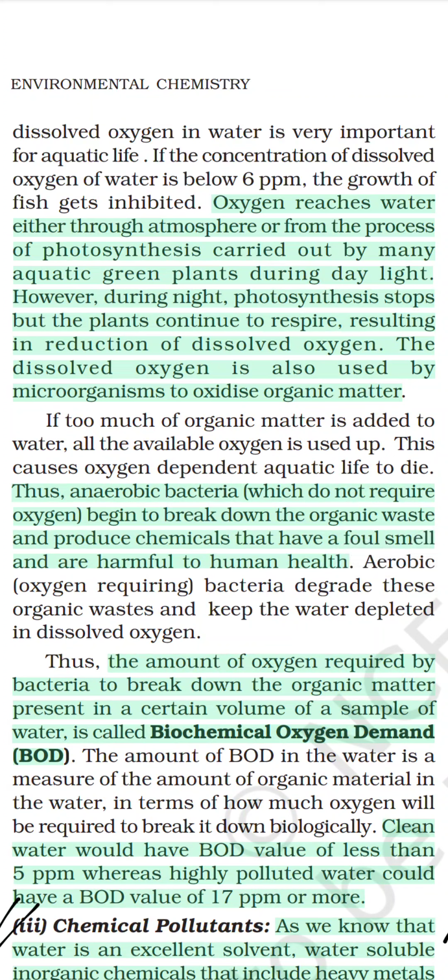Oxygen reaches water either through the atmosphere or from the process of photosynthesis carried out by many aquatic green plants during daylight. However, during night, photosynthesis stops, but the plants continue to respire, resulting in reduction of dissolved oxygen. The dissolved oxygen is also used by microorganisms to oxidize organic matter.